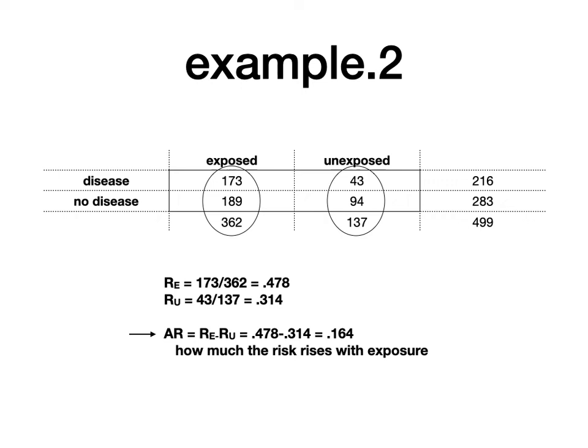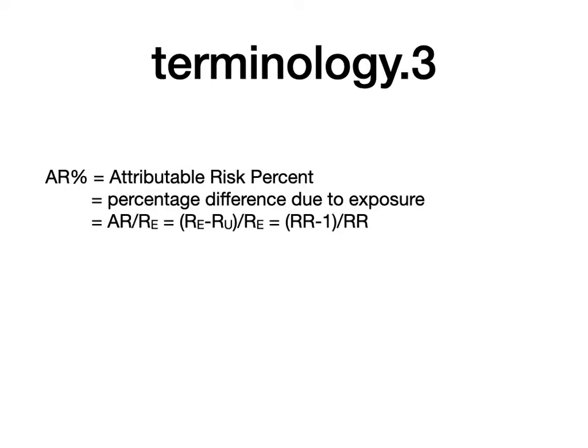So here, if we divide that equation, RE minus RU over RE, by RU, what we get is relative risk minus 1 divided by relative risk. Those are all just arithmetically equivalent, but I'm trying to show you what you might find, again, if you read an epidemiologic paper. Or if they use the terms differently than this, you need to know that. So attributable risk percent is the percentage difference due to exposure.